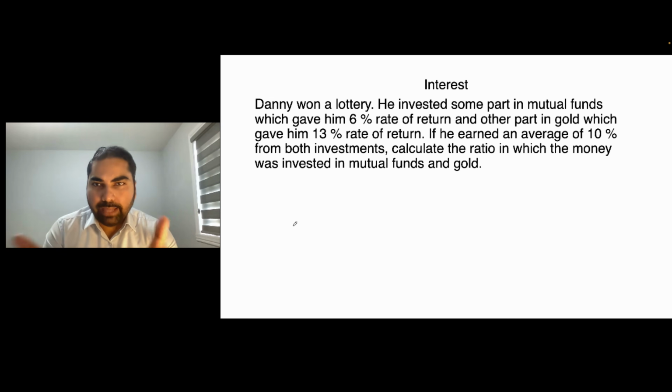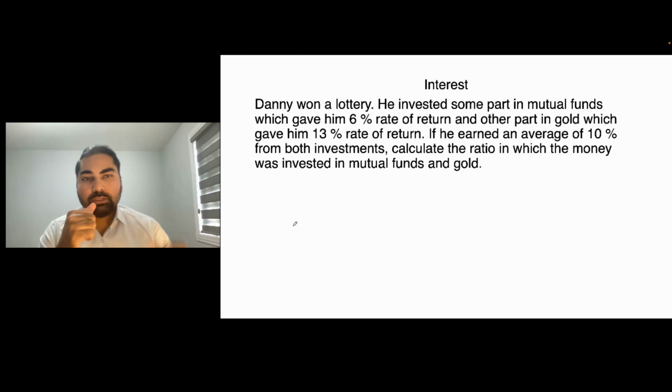So in here, Danny won a lottery. Good luck to you. He invested some parts in mutual funds, which gave him 6% return, and he invested the other part in gold, which is 13% return. Looks like the economy was not doing so well, so he earned an average of 10% from both investments.